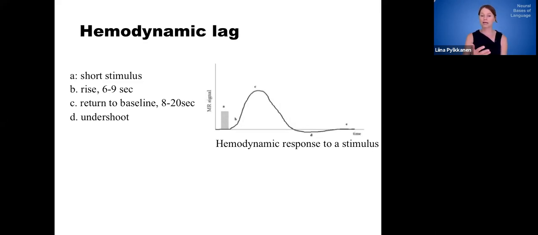Now you can imagine that if you're interested in responses to each stimulus, you would need to wait a long time before you could present the next stimulus. So if A is, let's say, a high frequency tone, and you're interested in the sensitivity of auditory cortex to frequency, you also want to present the low frequency tone.